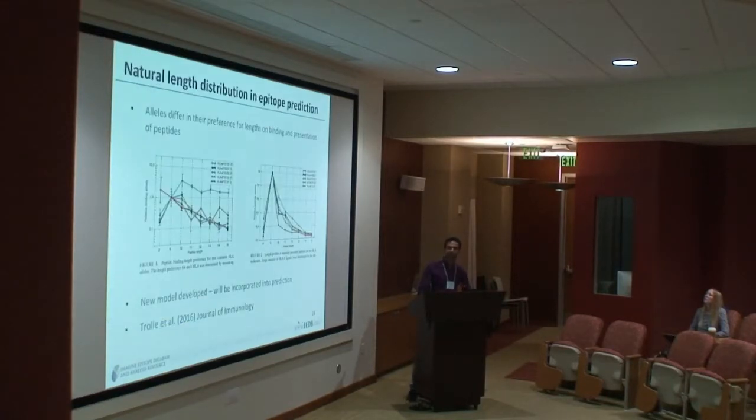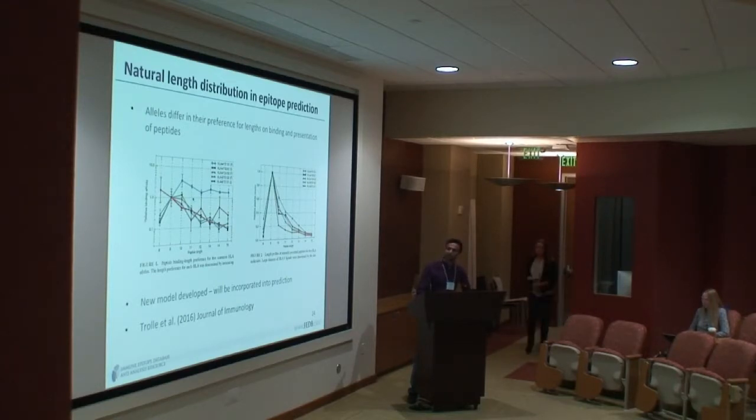Why are we saying it is important to select 9 mer or 8 mer for a particular allele? This is because we analyzed a data set where we found that different alleles have different preferences for different sizes. Like this allele has a preference for 10 mer, 11 mer, 12 mer, 13 mer more than the 9 mers. This is a binding affinity for 9 mer, this is a binding affinity for larger sizes, and this is a binding affinity for the 8 mers.